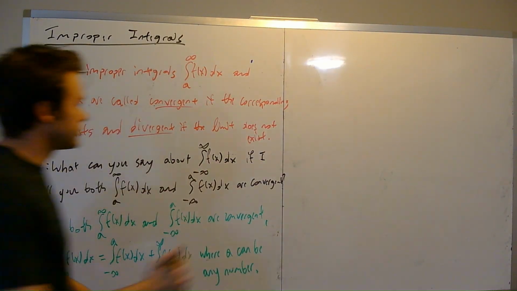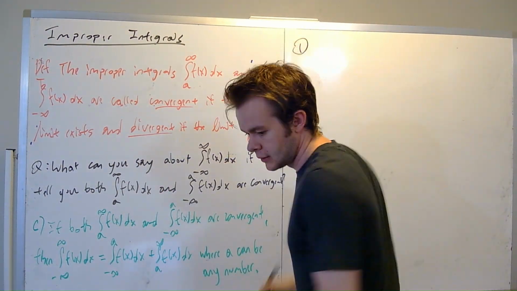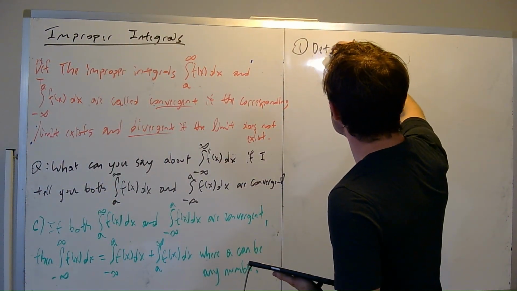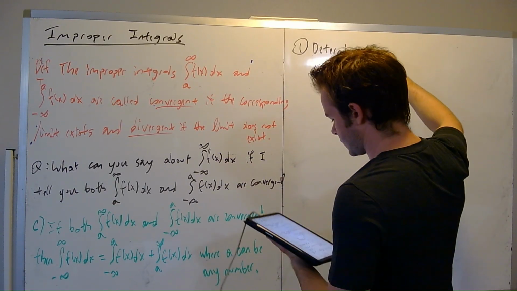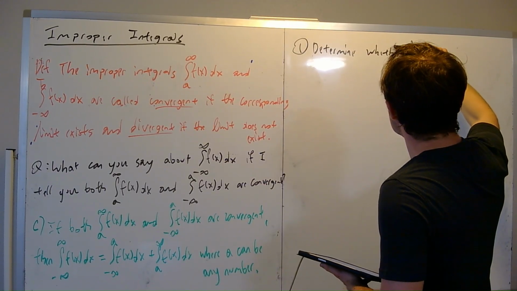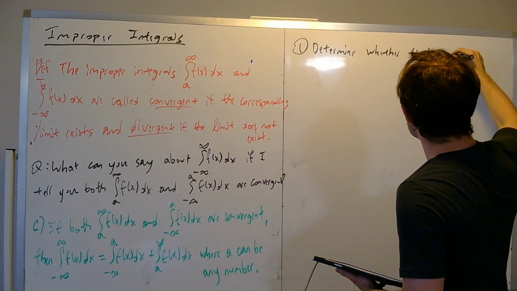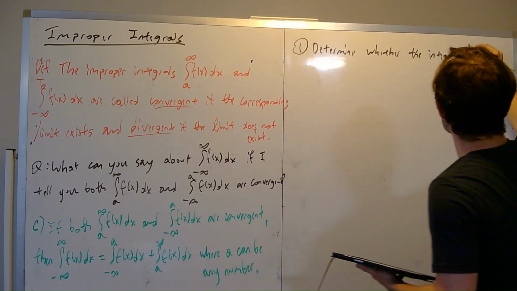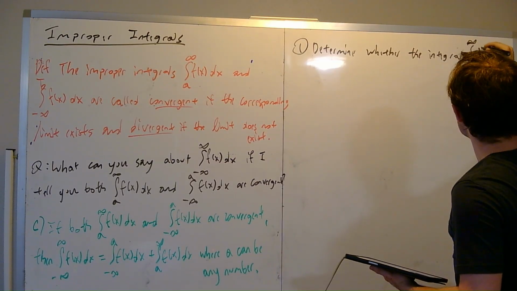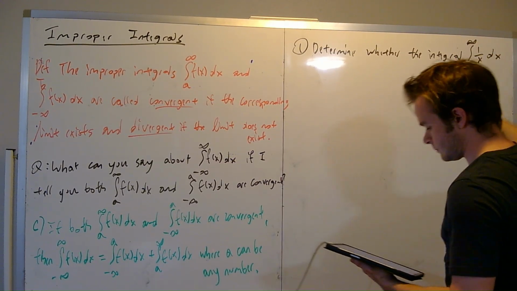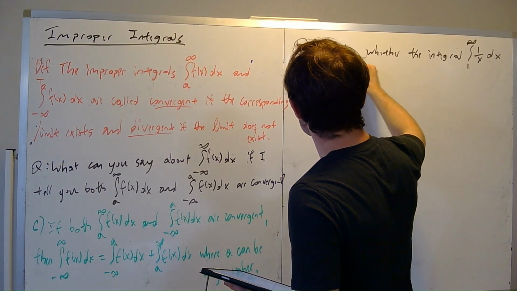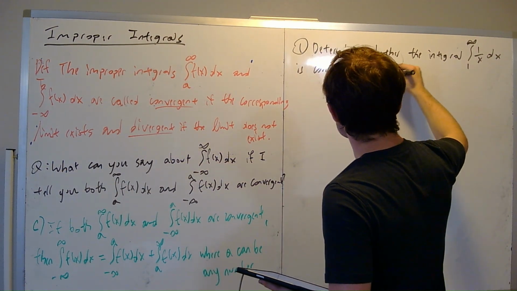Alright, so example number 1 is going to say determine whether the integral, so this is the integral from 1 to infinity of 1 over x dx, is convergent or divergent.